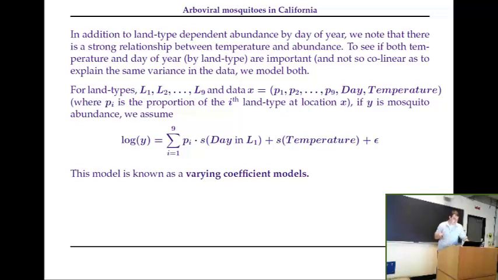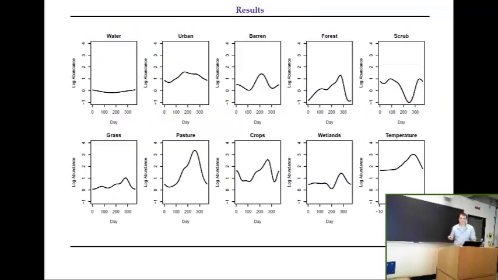So again, skipping the details, I'm going to jump right to the results. We have 9 different land types: water, urban, barren, forest, scrub, grass, pasture, crops, and wetlands. I've displayed the resulting seasonal signatures on a log scale. For example, water.